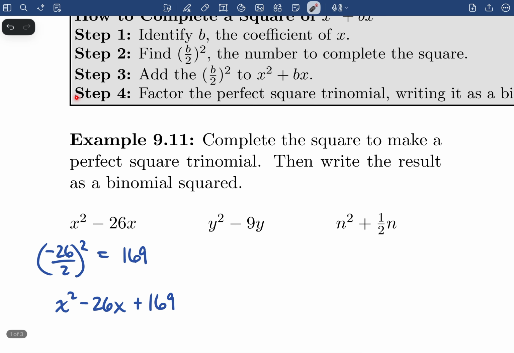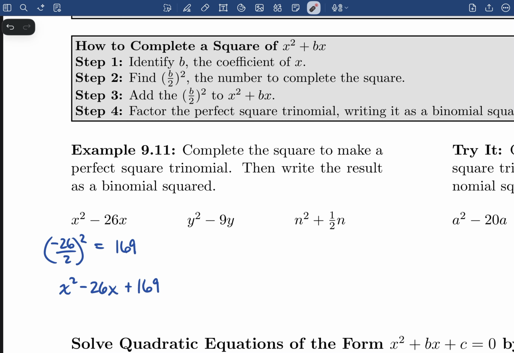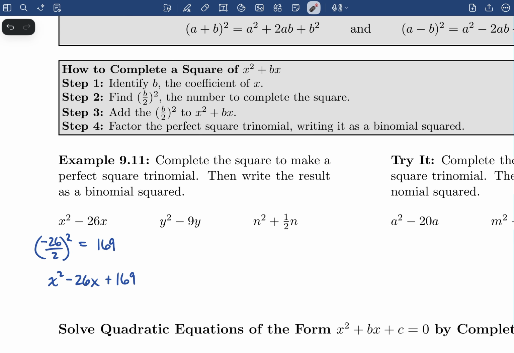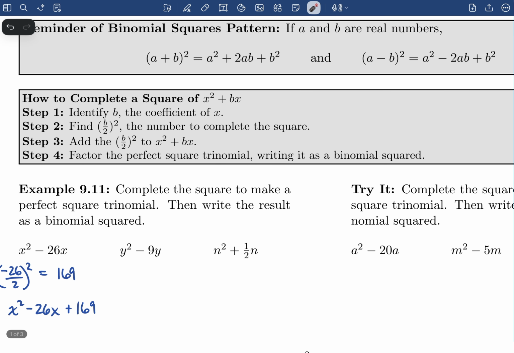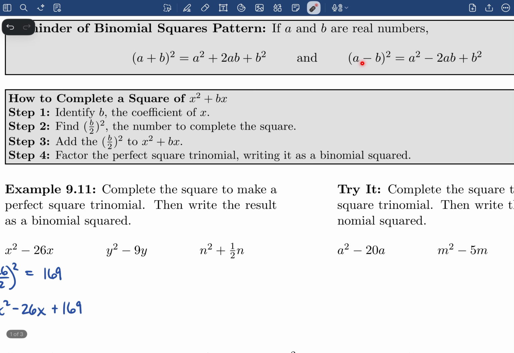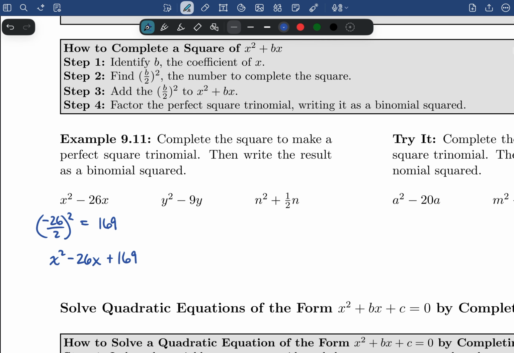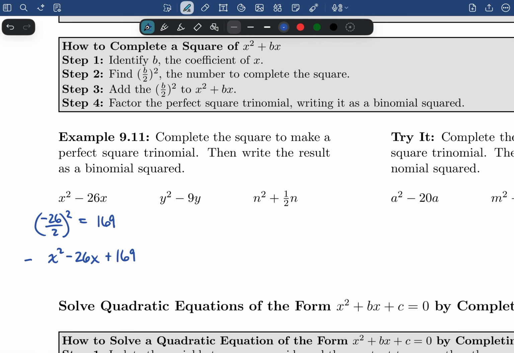Step 4, factor the perfect square trinomial, writing it as a binomial squared, okay? So this is a perfect square trinomial, and I can write it in this form right here, a binomial squared. And so I'll do that. And so I write it as, well, x minus 13 squared.